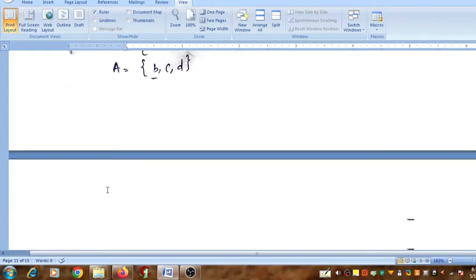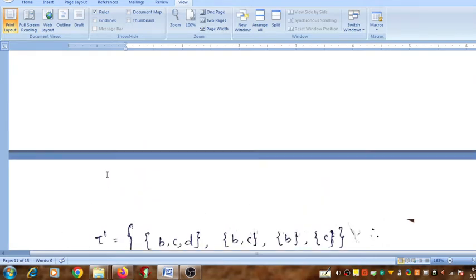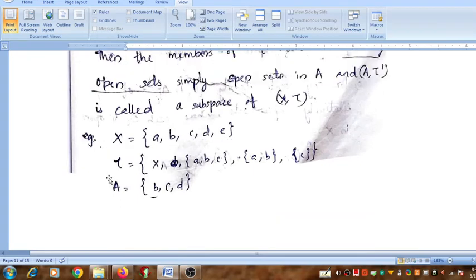That is explained here. We can call that topology tau prime, and tau prime is obtained by taking the intersection of the members of tau with the subset A.